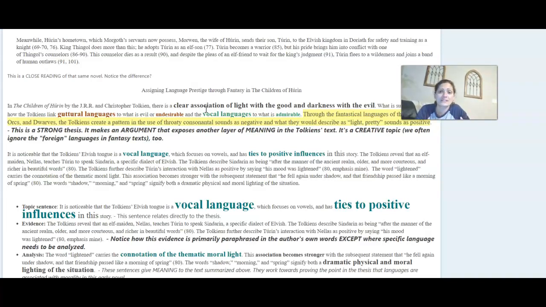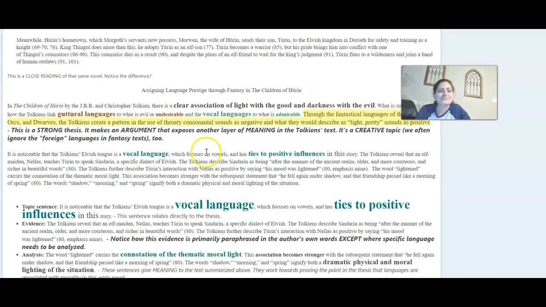Because remember, Tolkien was a linguist, and his guttural language in this text is associated with darkness and evil. And the vocal languages are associated with light and what is admirable. And so in this fantasy world, the way language sounds is actually concretely tied to the meaning of the words or the role of the characters.